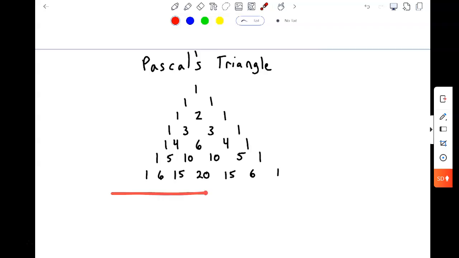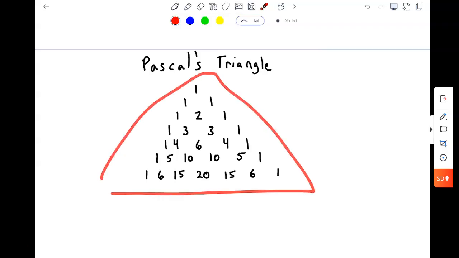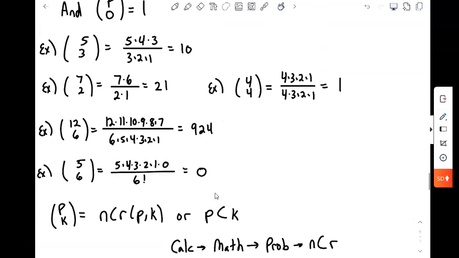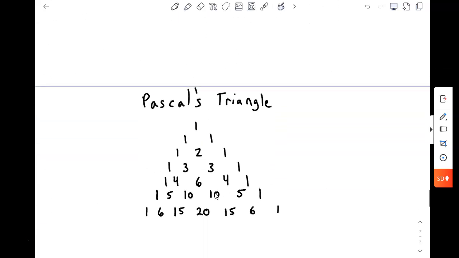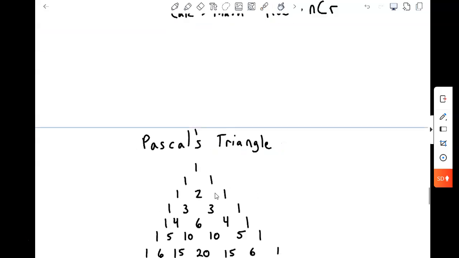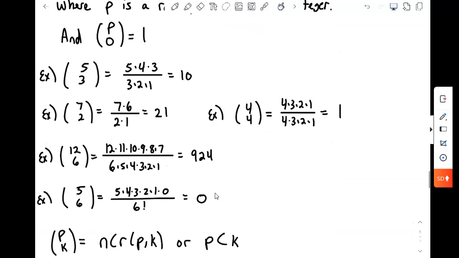So this is called Pascal's triangle. And we're going to use this, and you can go back and check any of my results. Actually, I think I do have one result up above. We had 5 choose 3 earlier, and we saw that 5 choose 3 was 10.